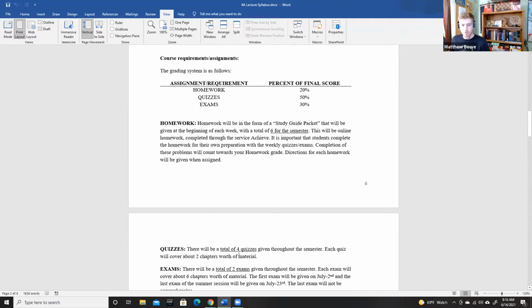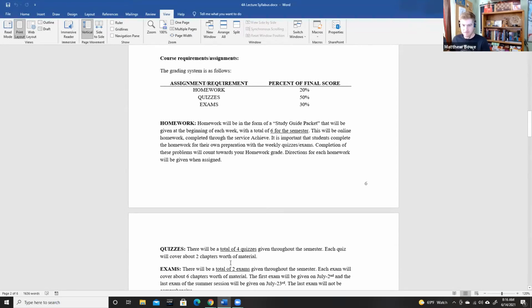And there's going to be 4 quizzes. I believe that comes out to around 12% each. And there's only going to be 2 exams. I'm going to try my best to mimic a full semester's worth.